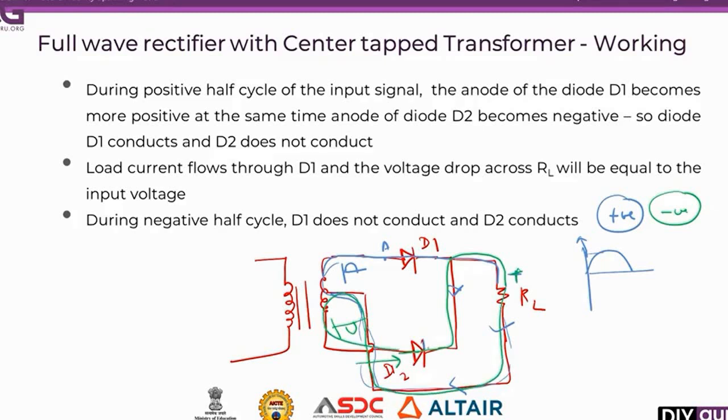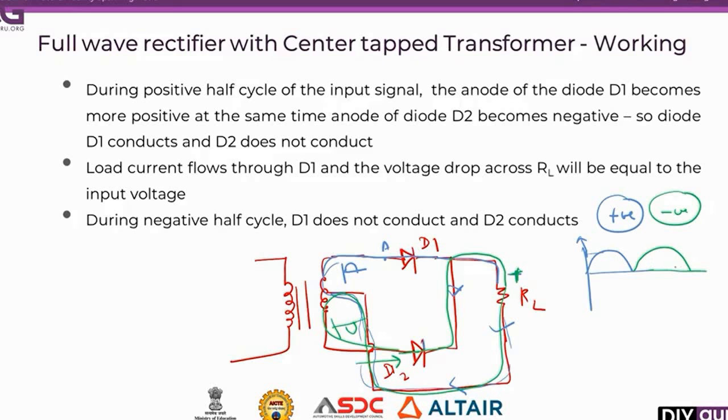This is the direction of the current flow in the negative half cycle. So even though the input waveform is negative, current always flows through the positive of the load. So my waveform will come again in the positive direction. If you see here, when compared to the previous case, in the negative half cycle there won't be any voltage, but in full wave rectifier, in negative half cycle also you will be having some voltage.